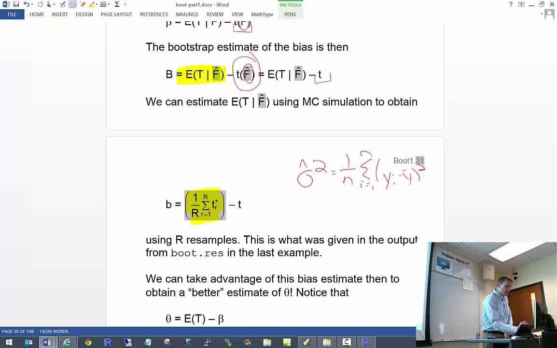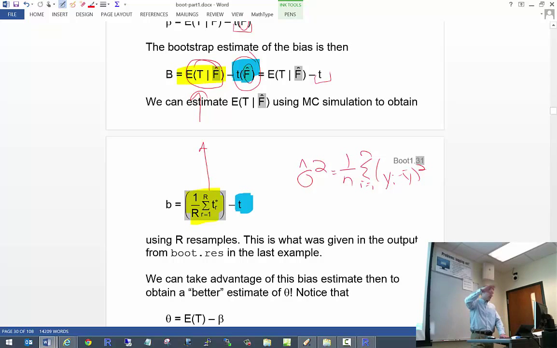I'll do some nice coloring here. The blue things are equal. The yellow things are not equal. But it's close. The bottom quantity is estimating this quantity. So what this is representing is the following.